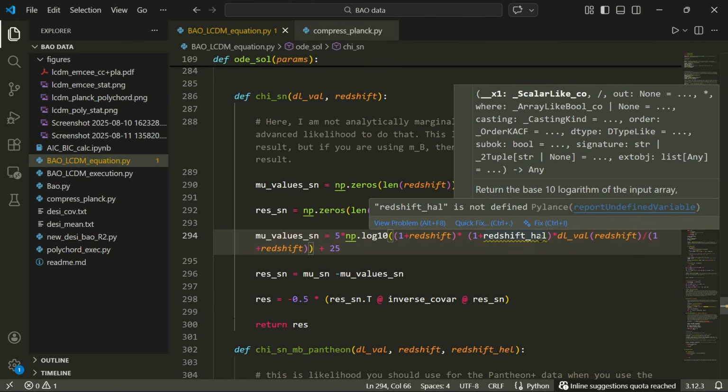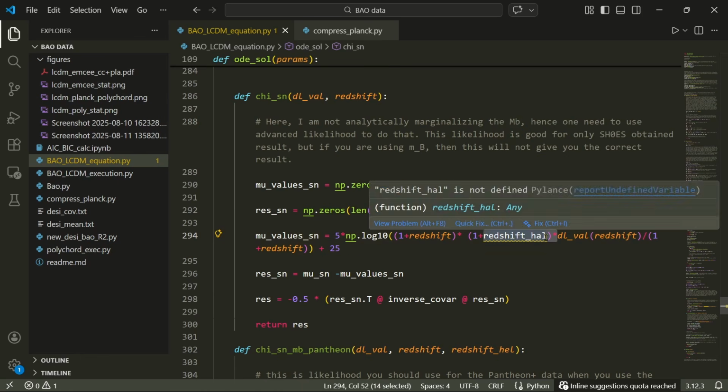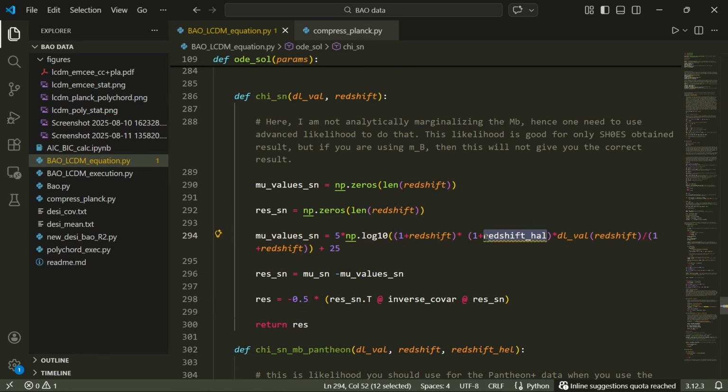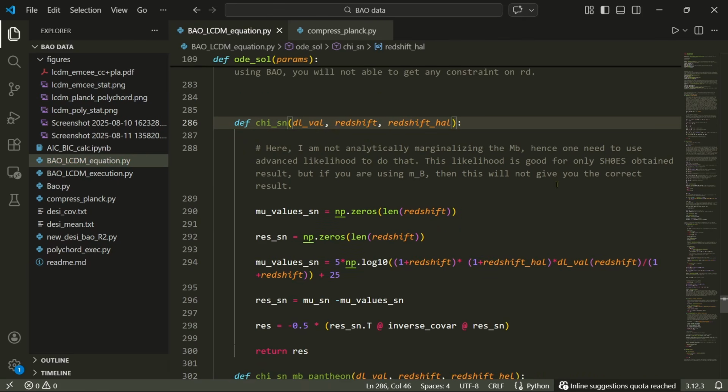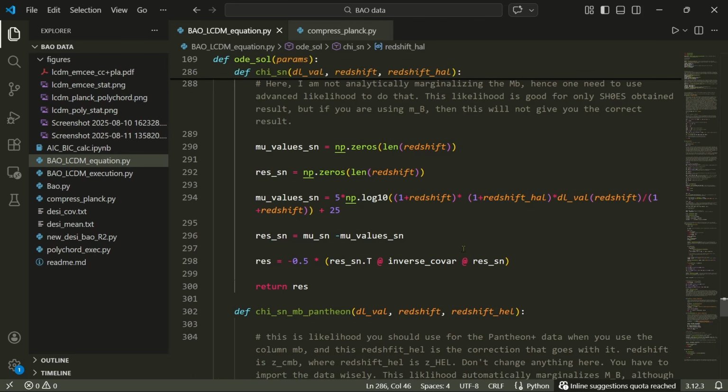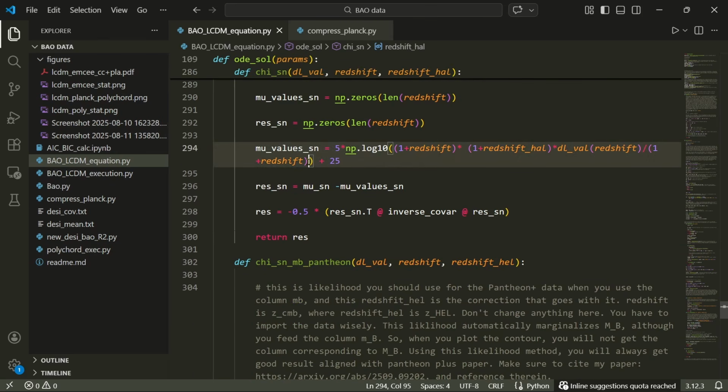I have to use wait a second, I am going to use this guy over here. You see that there is an error, because it is undefined. So you have to define that. Okay, so now I have changed it, and you have to make it square.